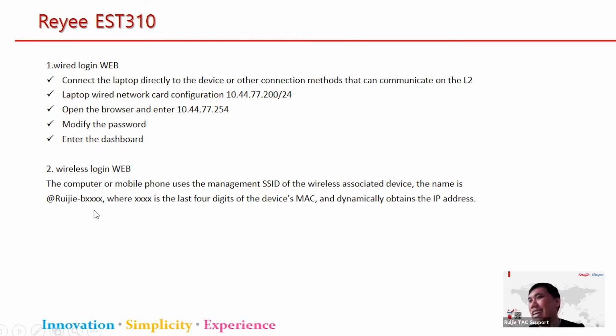You cannot use this SSID to surf the internet or to access the local LAN. Please take note, this SSID is broadcast for management purposes. Behind the SSID is the EST's MAC address, so you are able to know which EST you are logging into. You can use a mobile or computer to connect to it, or you can use the wire.